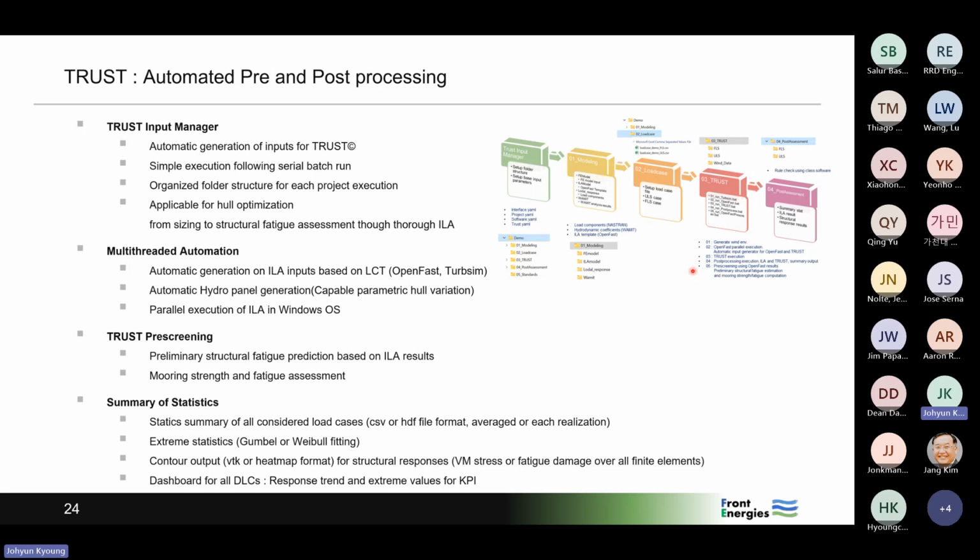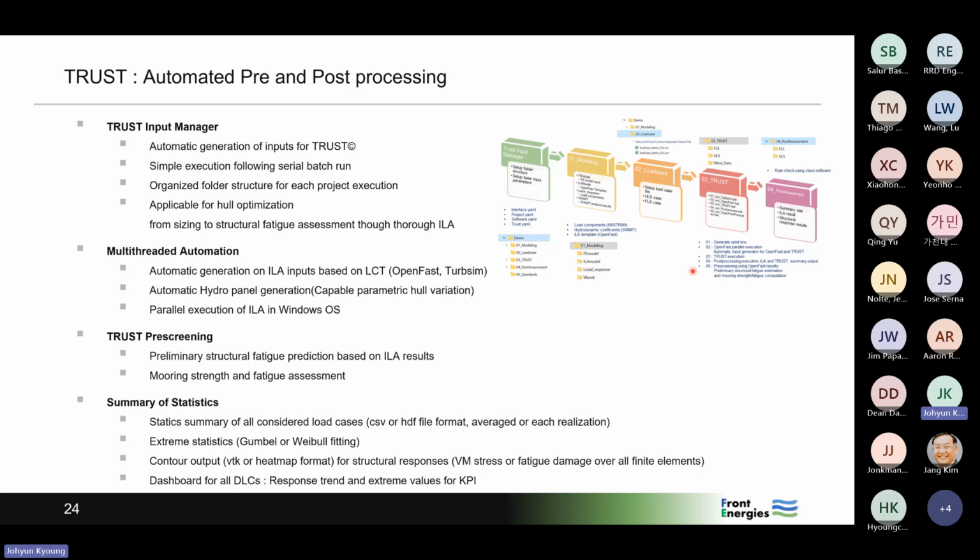Definitely, the ILA data provides the mooring line tension variation. So this pre-screener reads all the mooring tensions, and at any point along the mooring line, it can provide the strength utilization factor and also the fatigue damage or fatigue assessment.